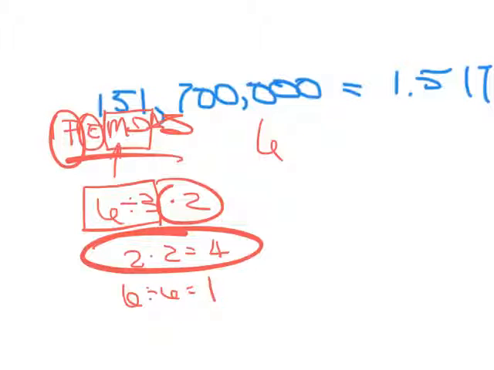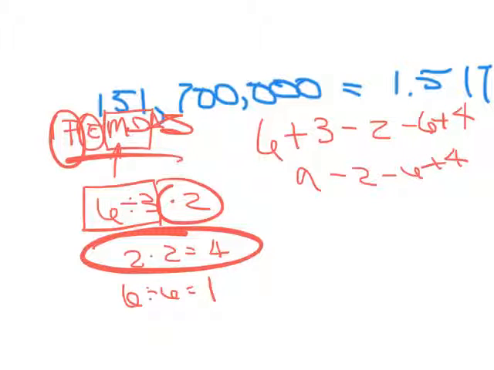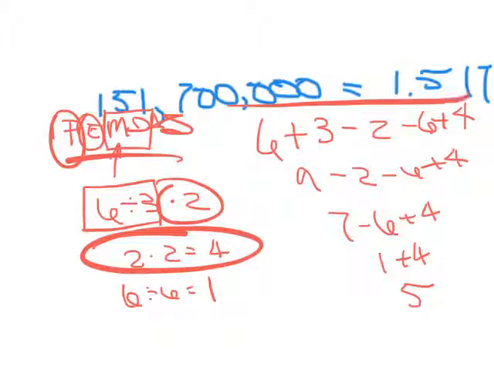If you have 6 plus 3 minus 2 minus 6 plus 4, you're going to start here, 9 minus 2 minus 6 plus 4, and you're going to have 7 minus 6 plus 4, 1 plus 4, and you're going to get 5. And actually, when it comes to addition and subtraction, you can pretty much do it in any order you want, but usually they just go in order from left to right.